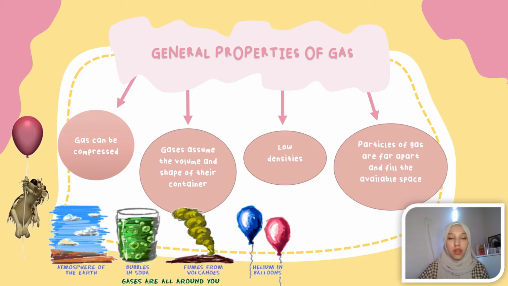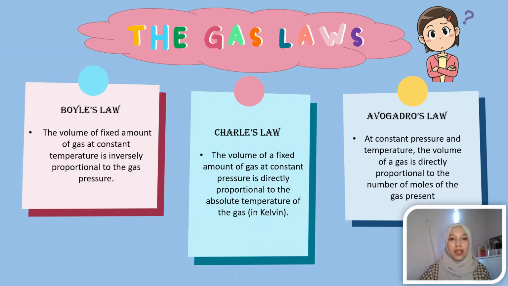So we go to the next slide. Okay, in gases, we have the gas laws. The gas laws are three: Boyle's law, Charles's law, and Avogadro's law. The definition of Boyle's law is that the volume of a fixed amount of gas at constant temperature is inversely proportional to the gas pressure.